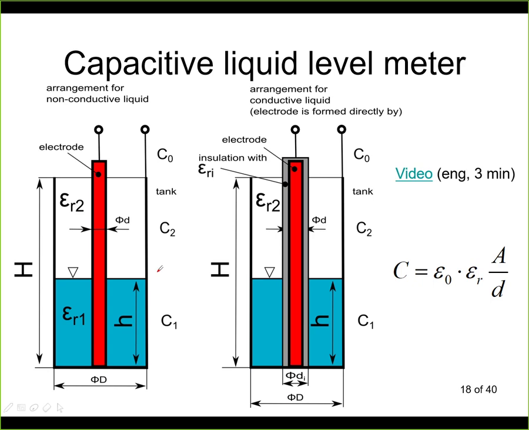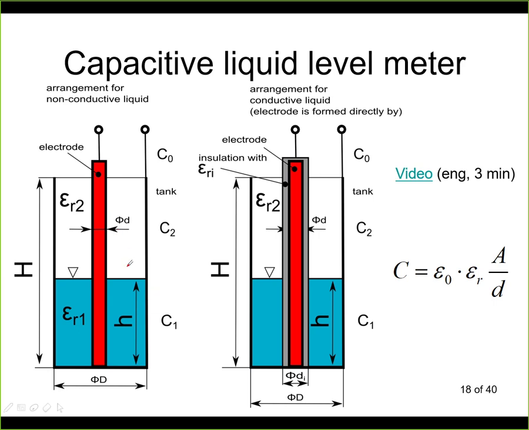We'll see a little bit later what the formula for this is. The arrangement that you see here on the left is for a non-conductive liquid. So here this liquid needs to be non-conductive electrically. Otherwise it would short out the two electrodes together. So here this electrode would be directly connected to the tank itself.